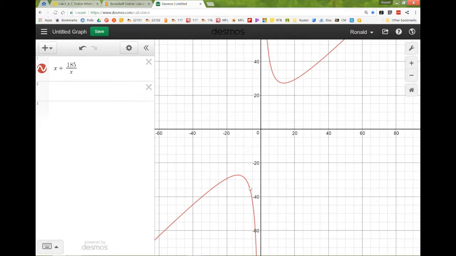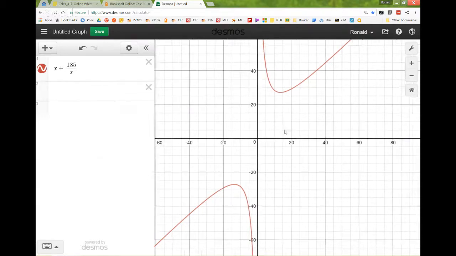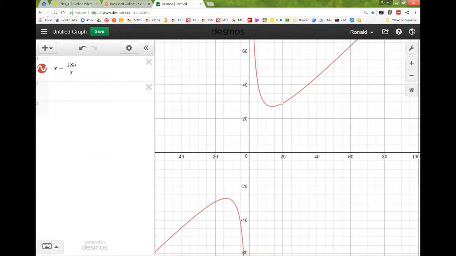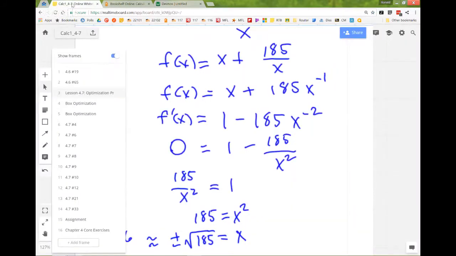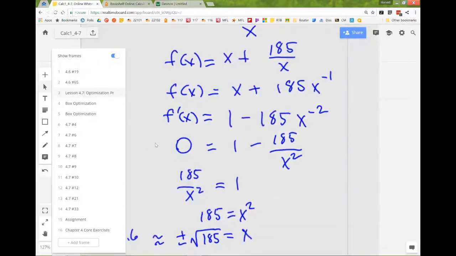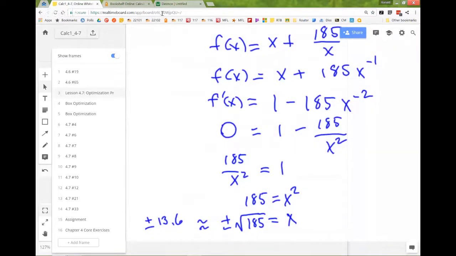Now, the left side of the graph is out of play because do you remember the directions were find two positive numbers that will make this happen? So we're not going to be over here on this left branch. We're going to be over here on this one. And the minimum is the low point here, which is somewhere in there. And so what do we get for an answer? 13.6.